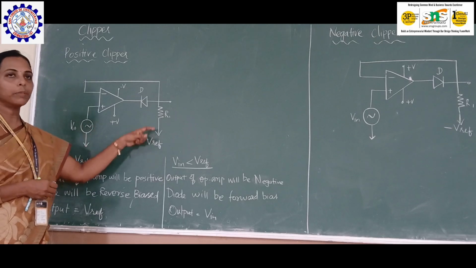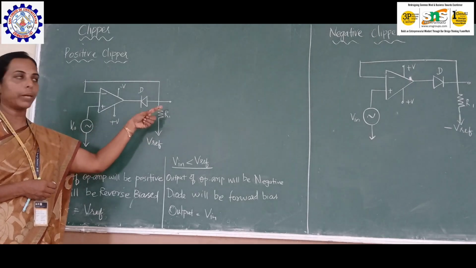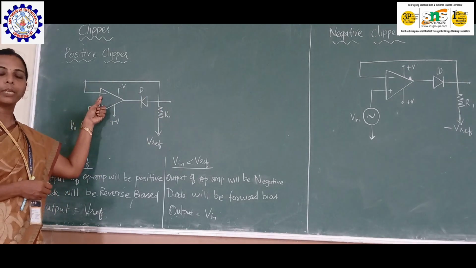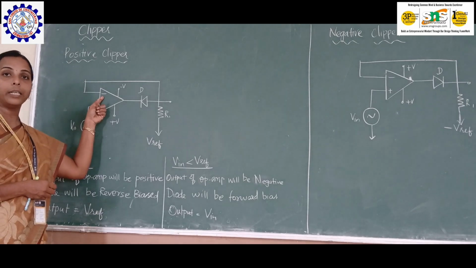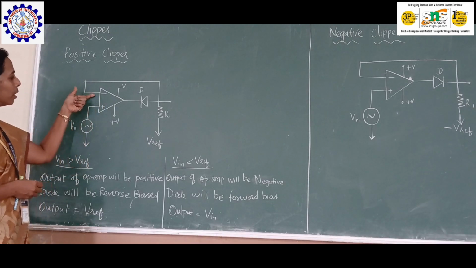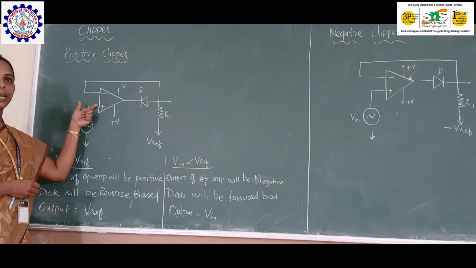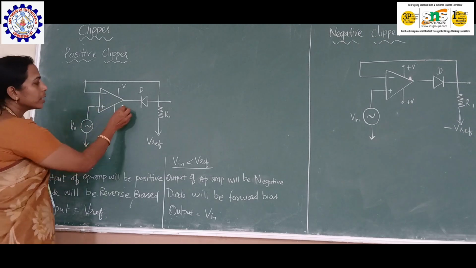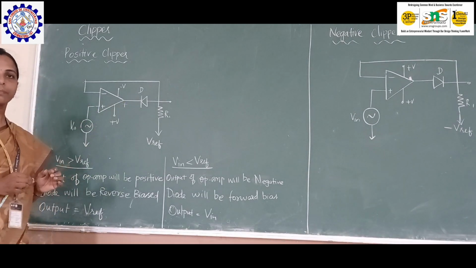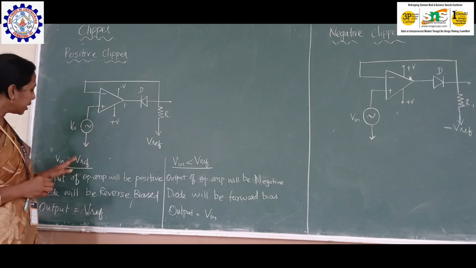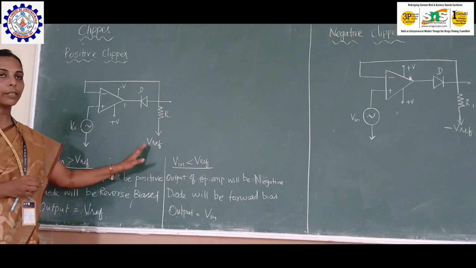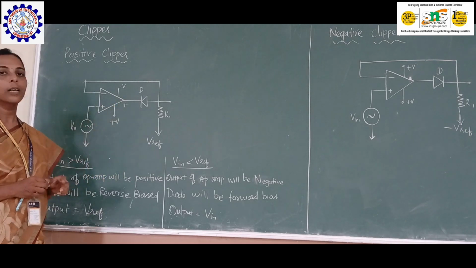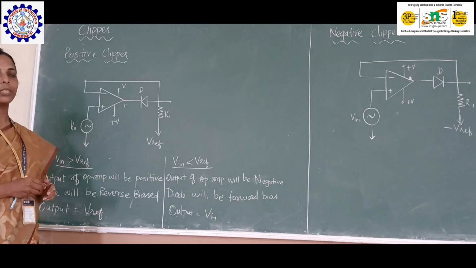Some reference voltage will be given, but we know that an operational amplifier has a high input impedance. So this terminal will be higher and the output at this terminal will be positive. So when the input voltage is greater than the reference voltage, the output of the operational amplifier will be positive.